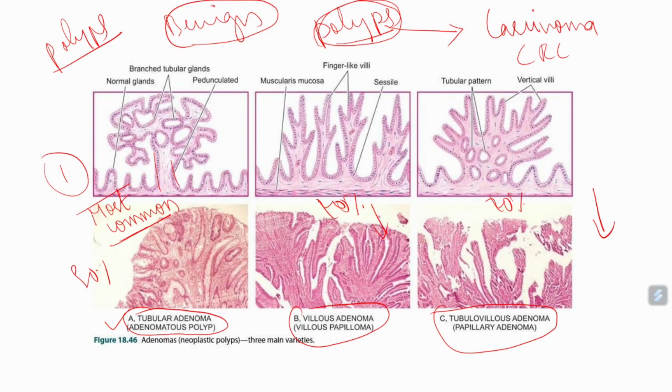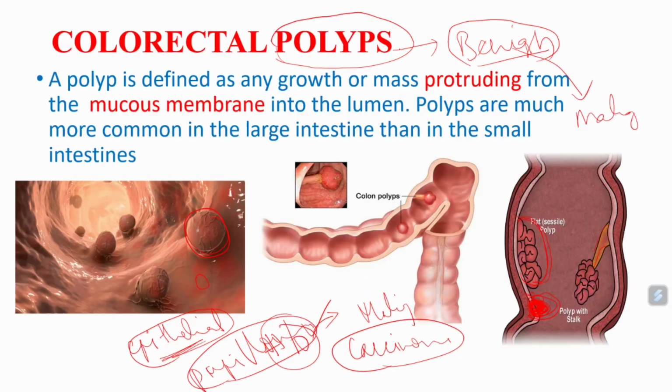Now, what features are available for this? How to remember their clinical features? You see, these tubular adenomas are always asymptomatic. They do not have any symptoms. Sometimes, if a tubular adenoma is detached from the GI tract, it will cause bleeding.